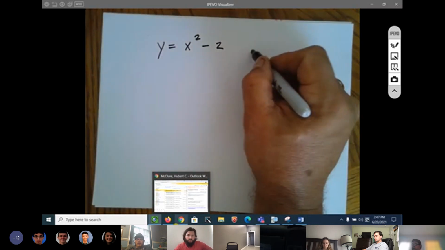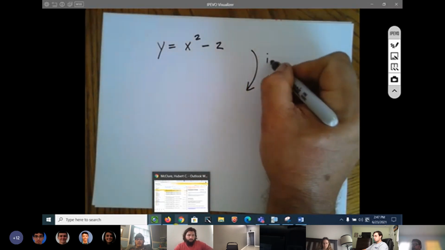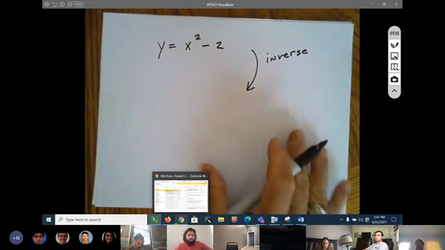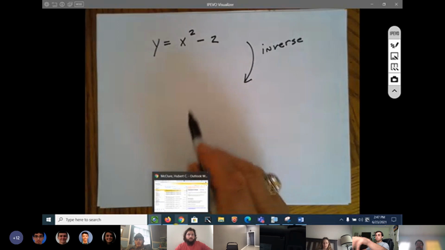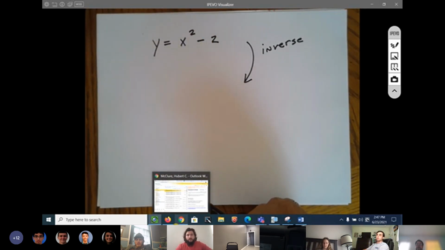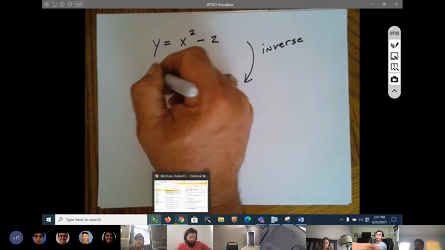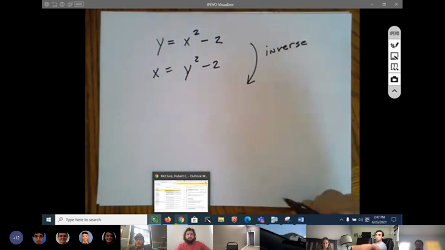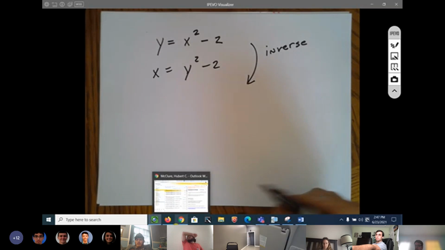How do I find the inverse of this function algebraically? We did this in the review. You switch the x and the y, and then what? Solve for what? Y. Okay.